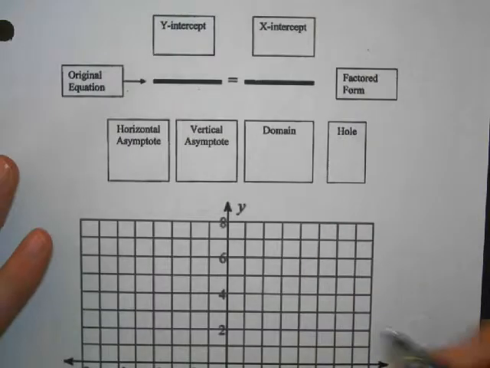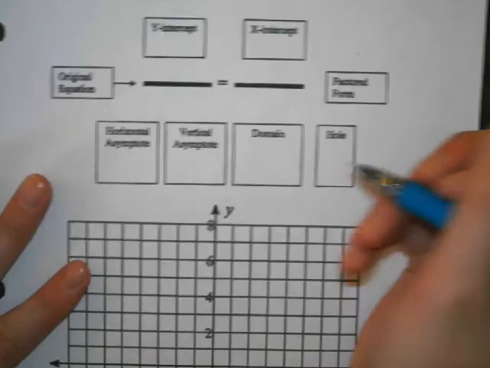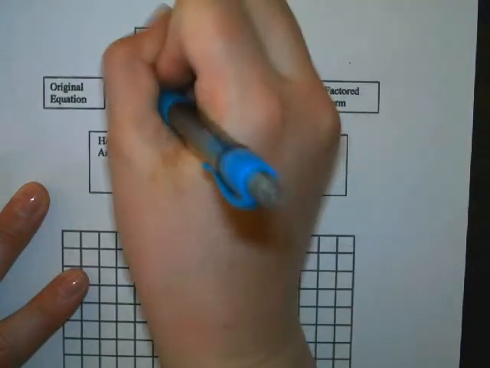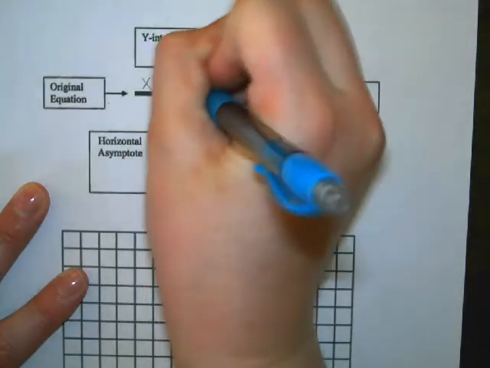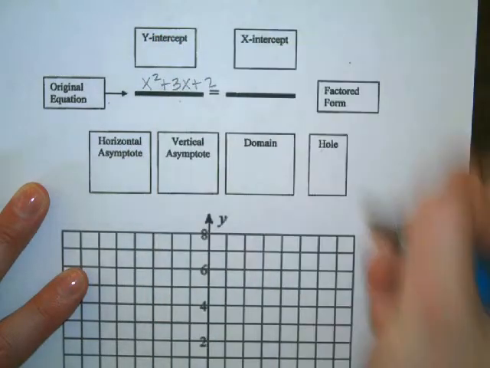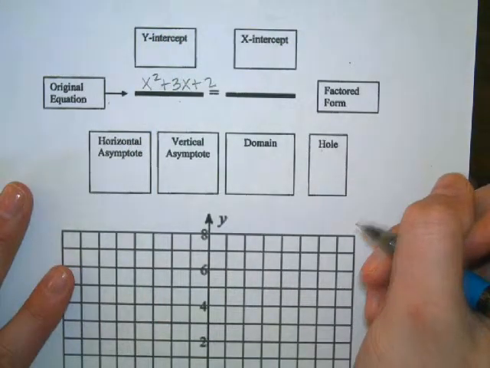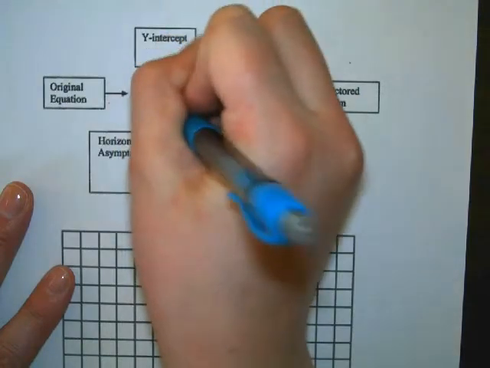All right, for this one, we're going to do x squared plus 3x plus 2 over negative 4x minus 12.